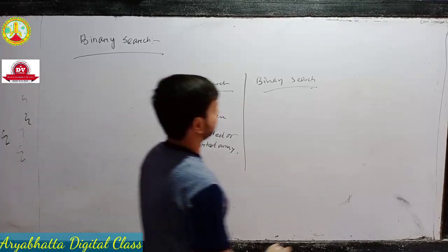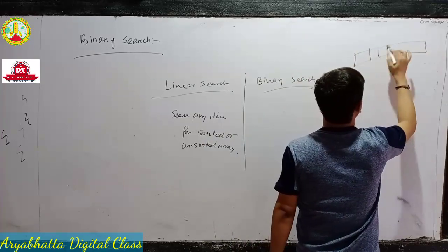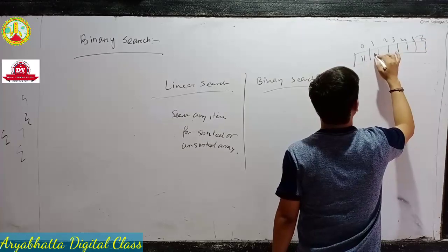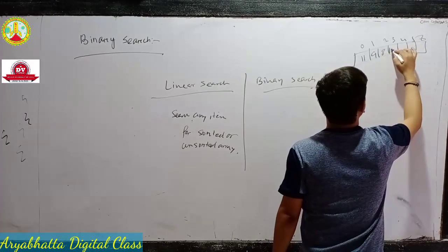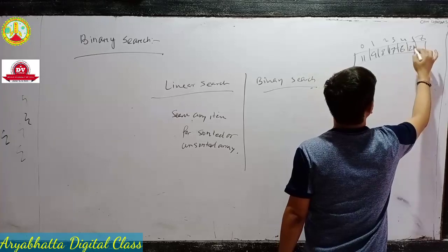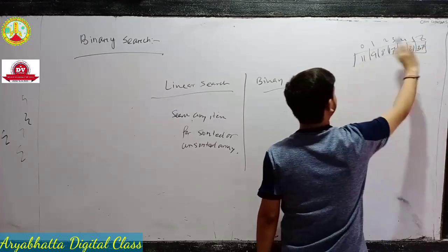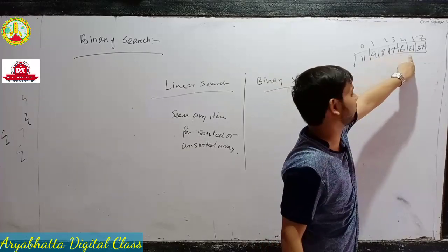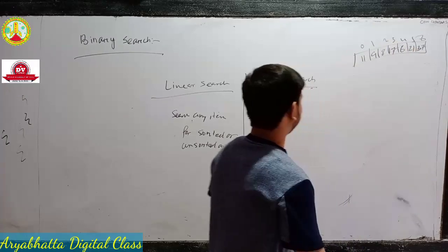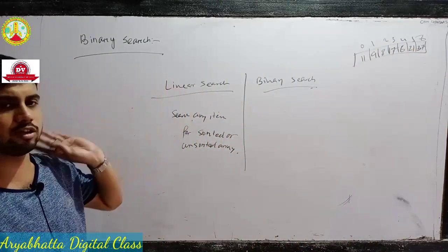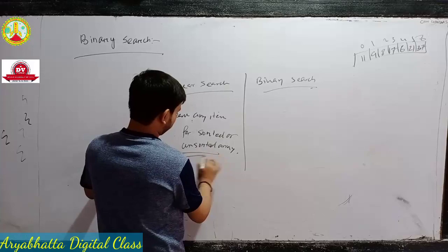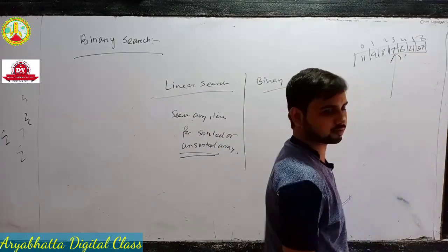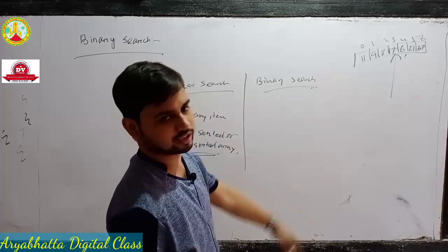Suppose this is an array, indices 0 to 6, with elements 11, 9, 8, 17, 6, 21, 37. This is an unsorted array, randomly arranged, neither ascending nor descending. But linear search is possible in this unsorted array, while binary search is not possible in that array.